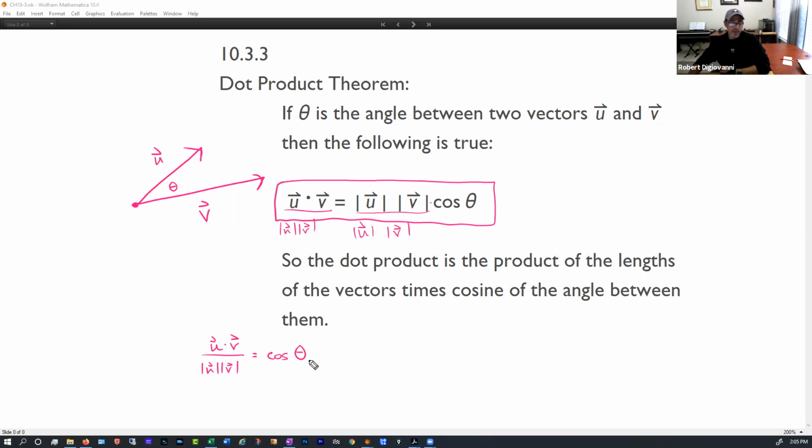And now to get theta by itself and no cosine, I would just take the inverse cosine on both sides, or arc cosine. So I take the inverse cosine on the left, and when I do inverse cosine on the right, it kills the cosine, and I now have a formula for theta. That's going to be the next note, but I'm just trying to get you to see this is a major result because it allows us to actually find the angle between two vectors.